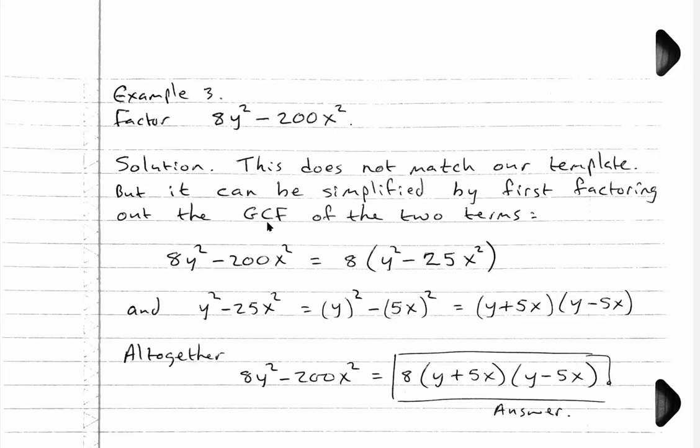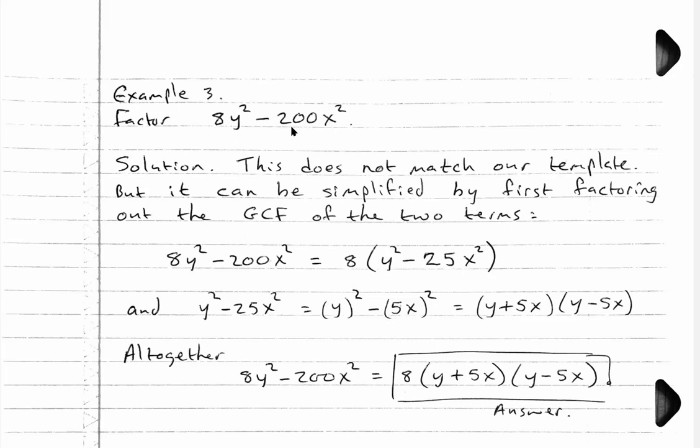But there is something we can do. We can first factor out the greatest common factor from these two terms. That's something that you should always look for first. It makes your life easier, makes the numbers smaller. Certainly 2 is a common factor, but even better, the greatest common factor is 8.